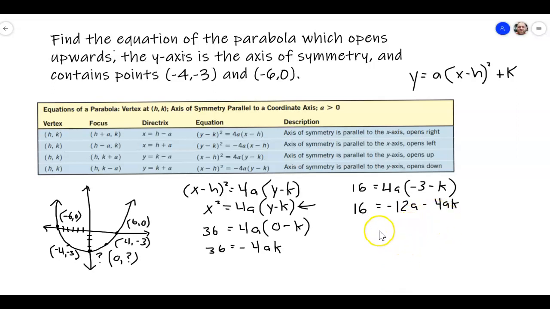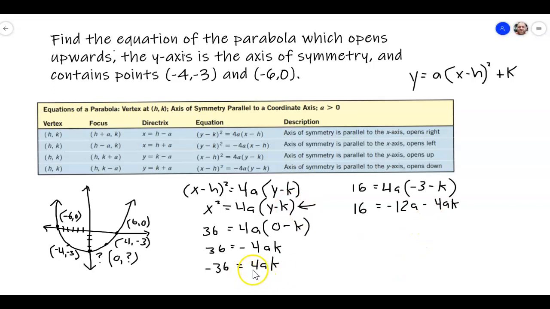So notice something here, that we have this -4ak coming up twice, right? And so actually, I'm going to go ahead and just multiply both sides by a negative here. So that's -36 is equal to 4ak. And there, I can substitute this 4ak over here for -36, and I don't even have to do all that elimination by addition stuff, right?